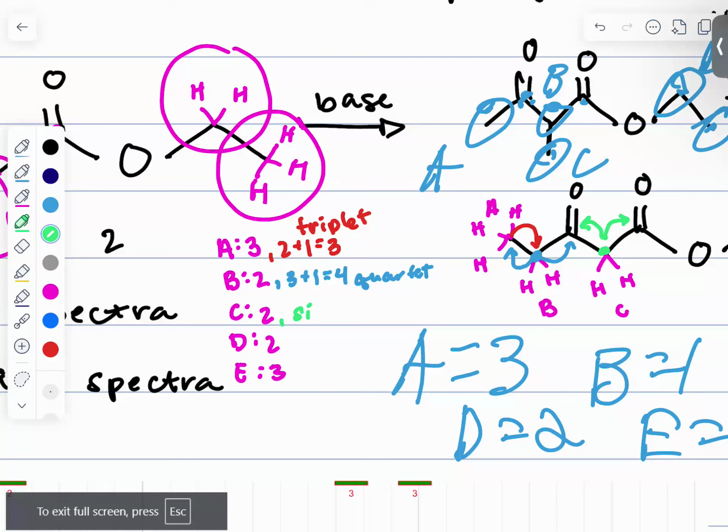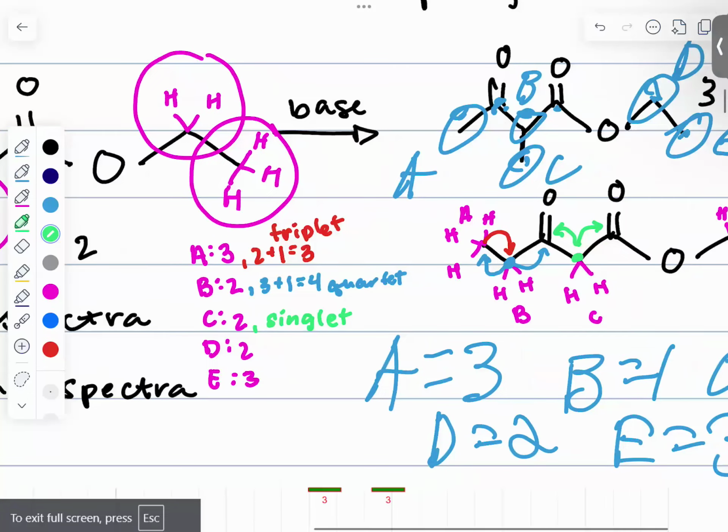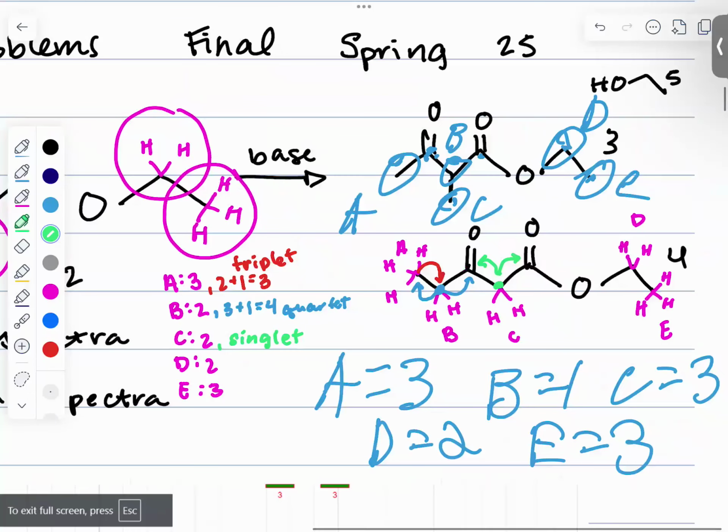So that's just going to be a singlet. D has 1 neighboring carbon that has 3 protons. 3 plus 1 is 4. That's also going to be a quartet. And finally, our last one has 2.